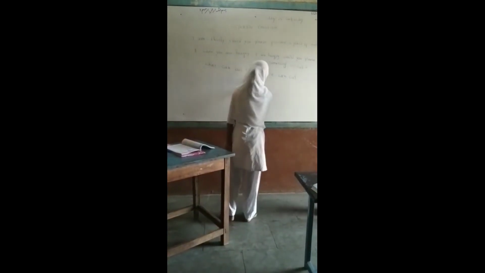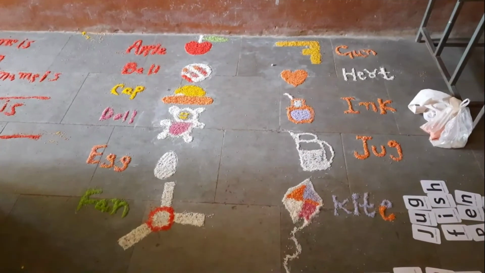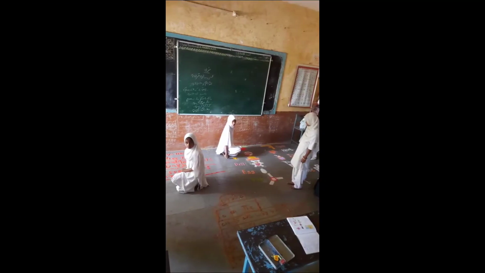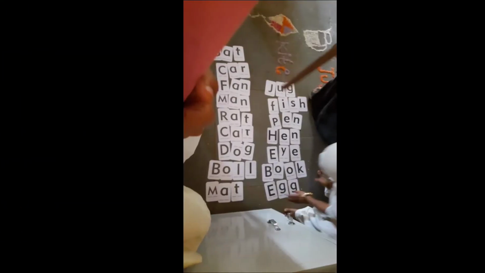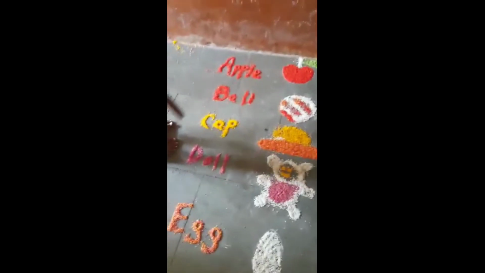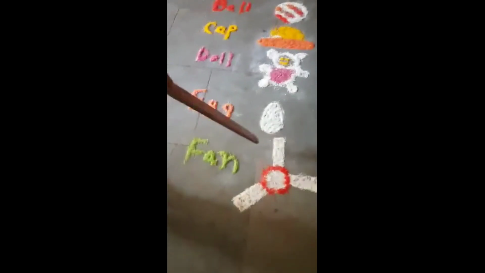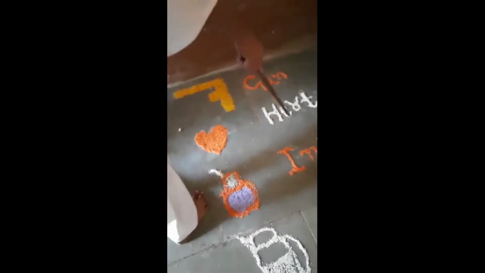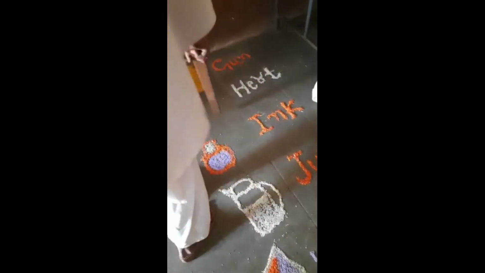What can cut? A knife can cut. My name is Mahek Avtar. Very good. Words: A for apple, B for ball, C for cat, D for doll, E for egg, F for fan, G for gun, H for heart, I for ink, J for jug.